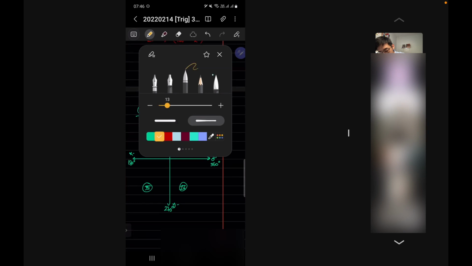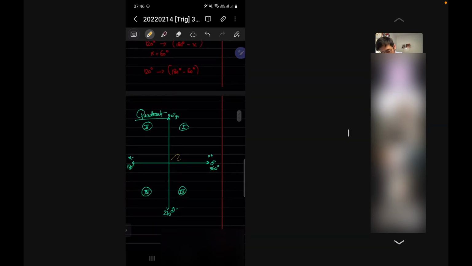Okay, so now we are talking about the ratios, right? So for example, we have an acute angle of any number. Let's call this alpha.